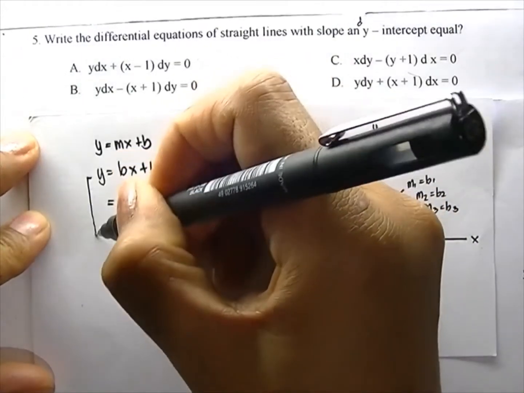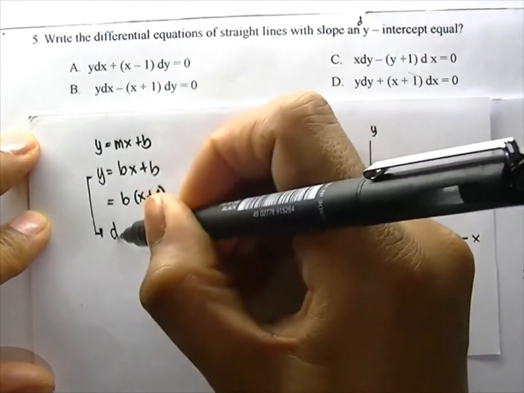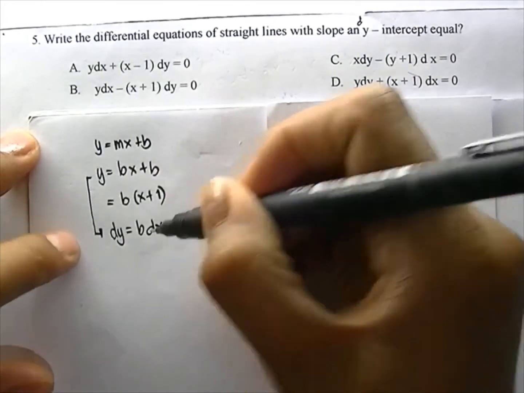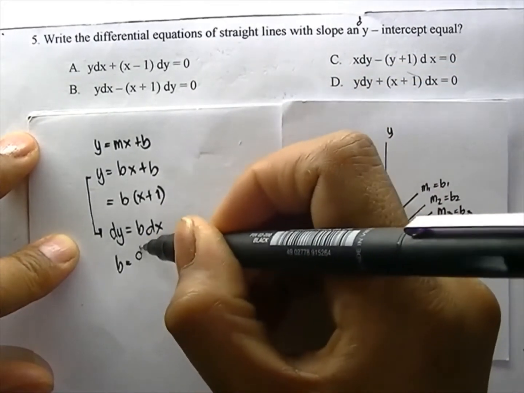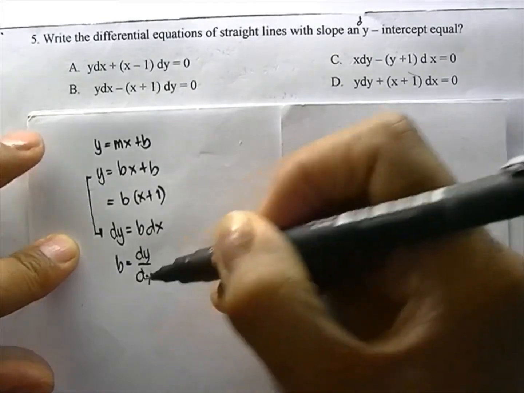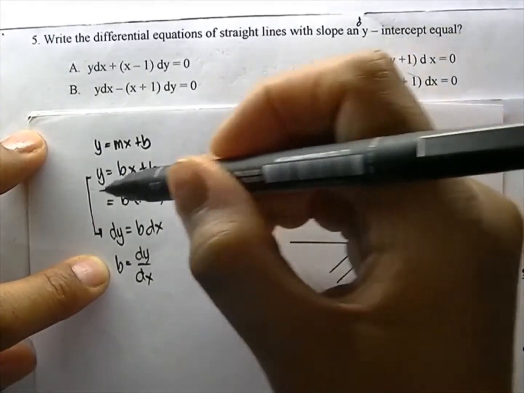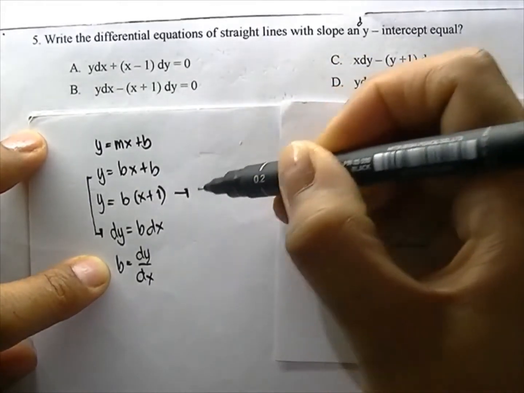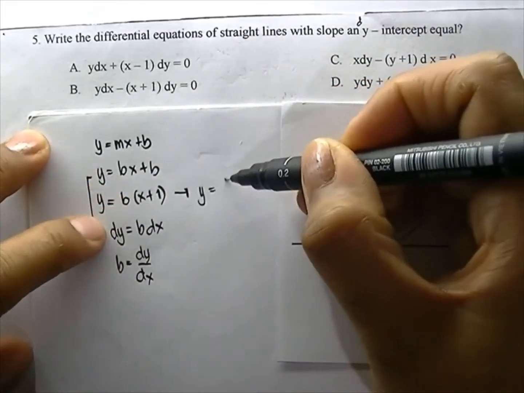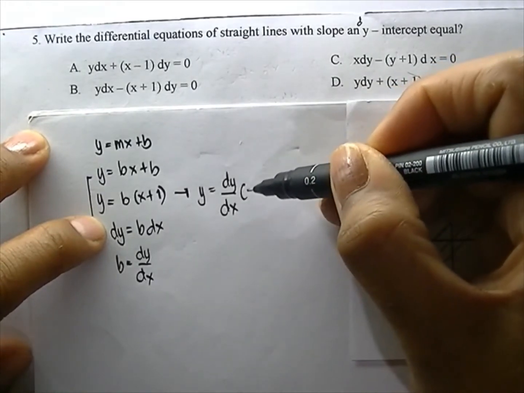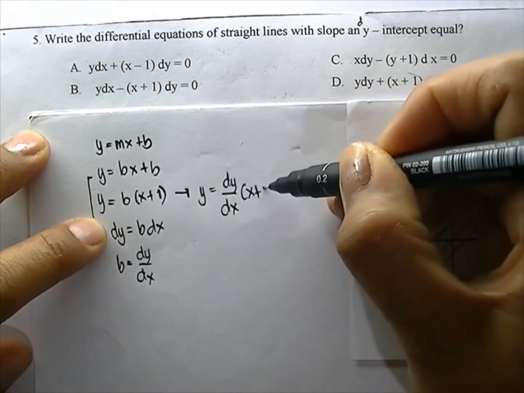So, by differentiating this equation, we have dy equals b dx, and b therefore equals dy over dx. Substitute the value of b here. We have y equals dy over dx times x plus 1.